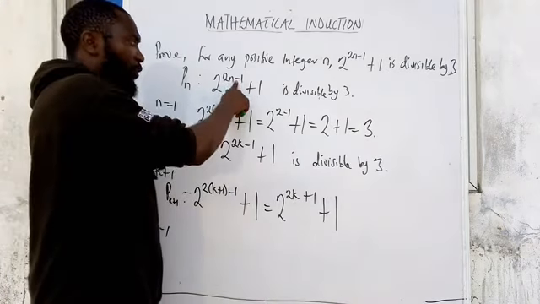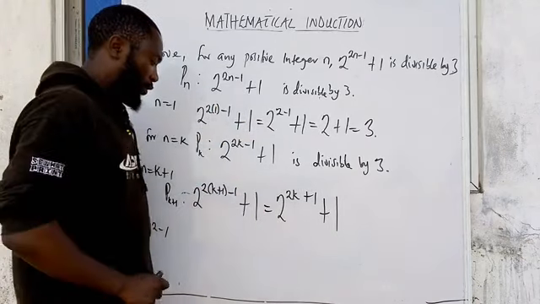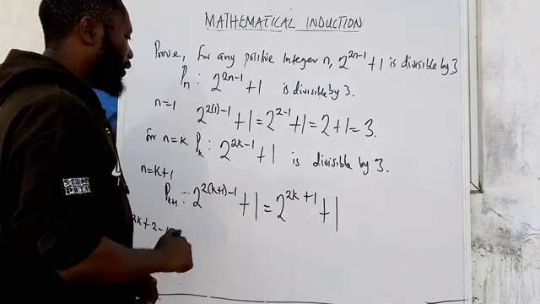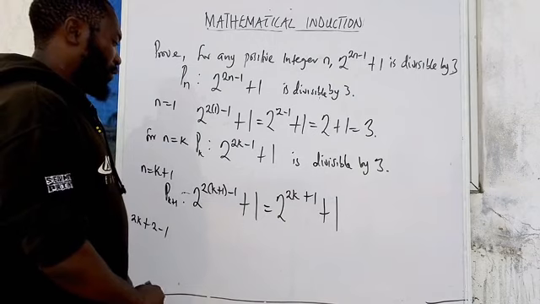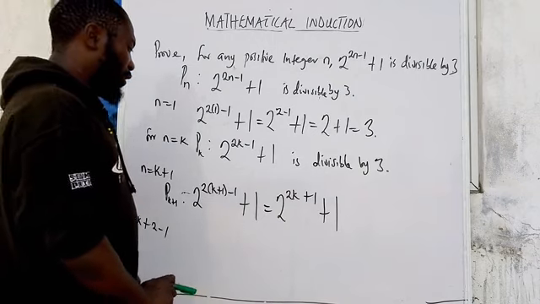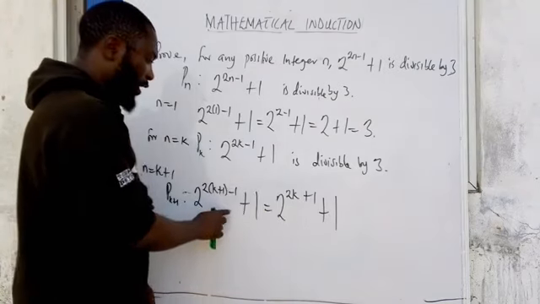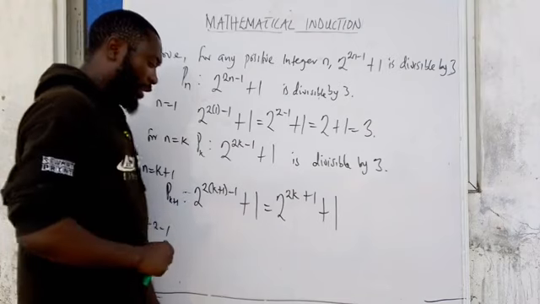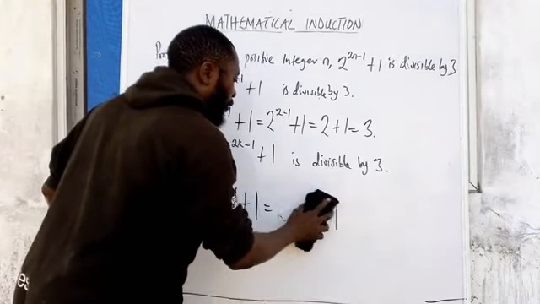This is raised to the power of negative, but this is plus 1. Meaning, if I want to make them the same, we can even do it before expansion. Let me just expand.